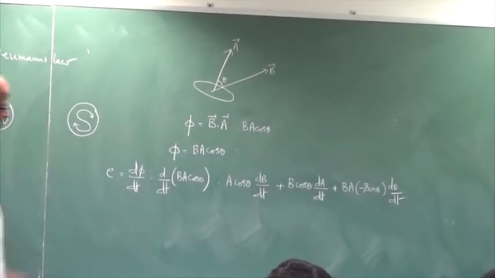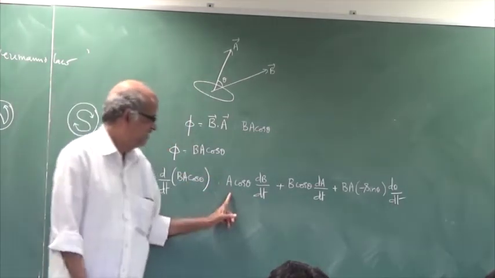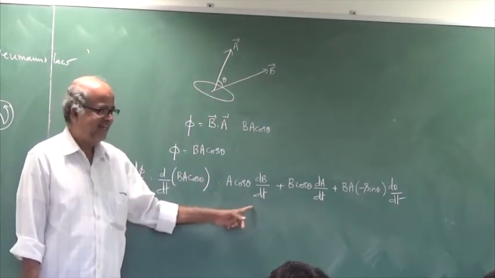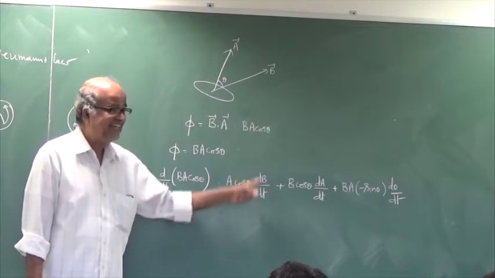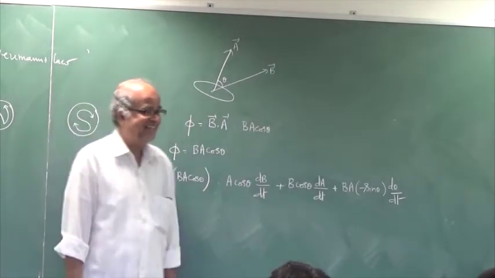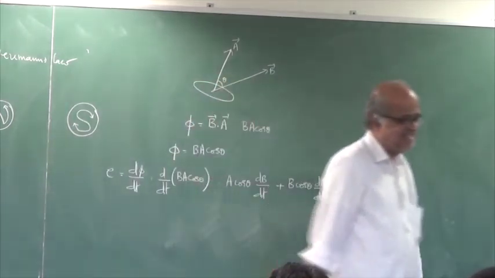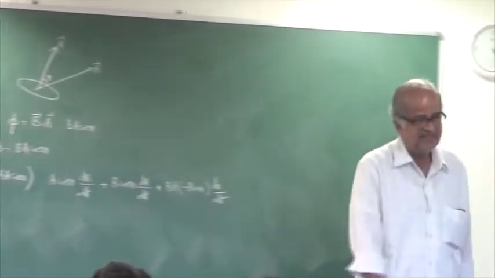You see 3 possibilities. In this, flux changes because there is a change in the magnetic field.